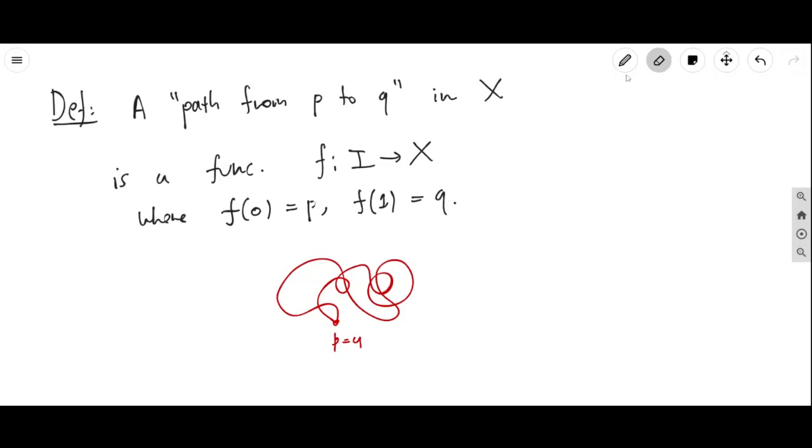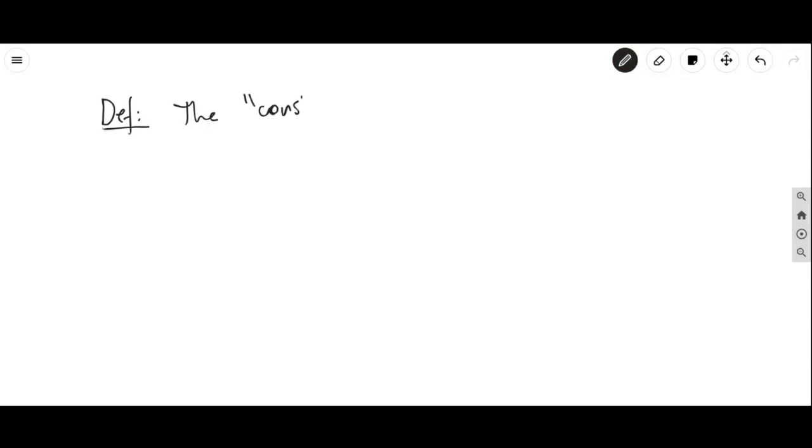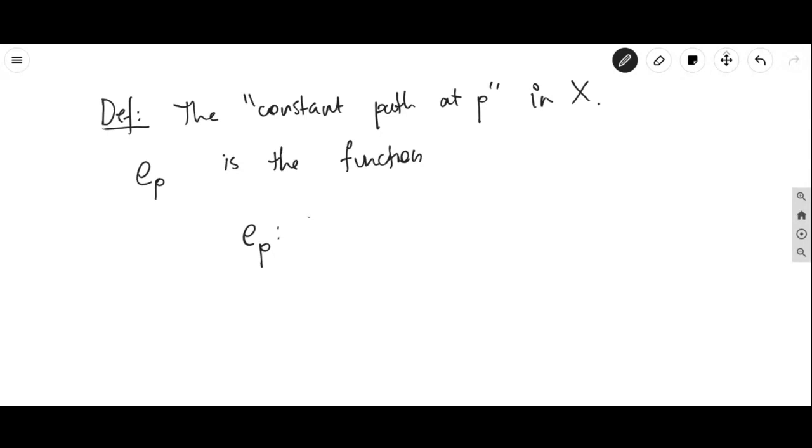So now I want to introduce something called the constant path. So here's the definition. The constant path at P, so this is in some space X. There's always some topological space in which we're working. Let's define it as EP is the function that maps.